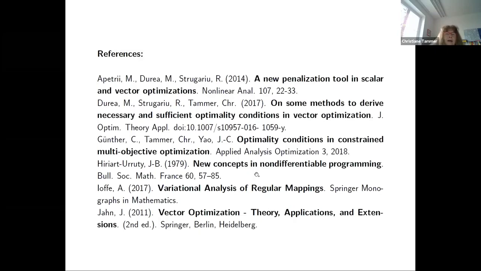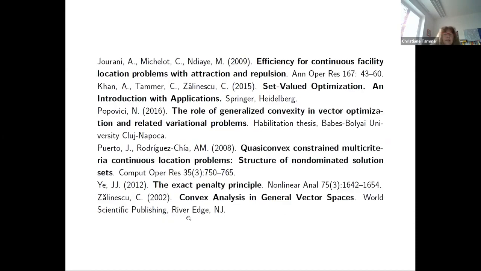Here are several references. These are some papers where penalization methods are involved. This is one of our papers. The Hiriart-Urruty function was mentioned in the talk. This is the famous book by Alexander Ioffe and Johannes Jahn, the book on vector optimization.